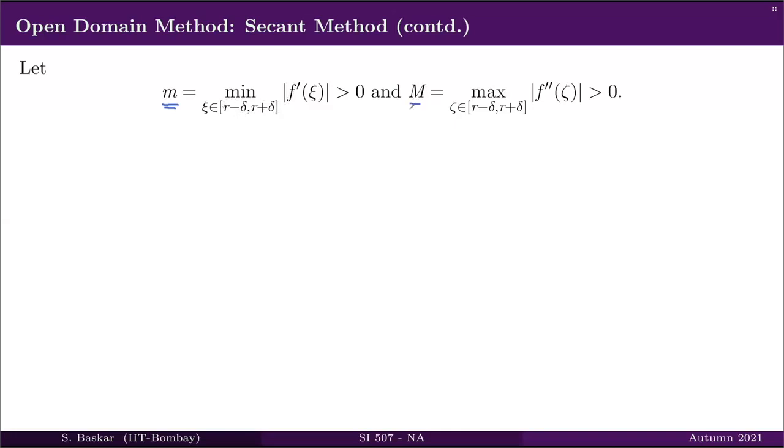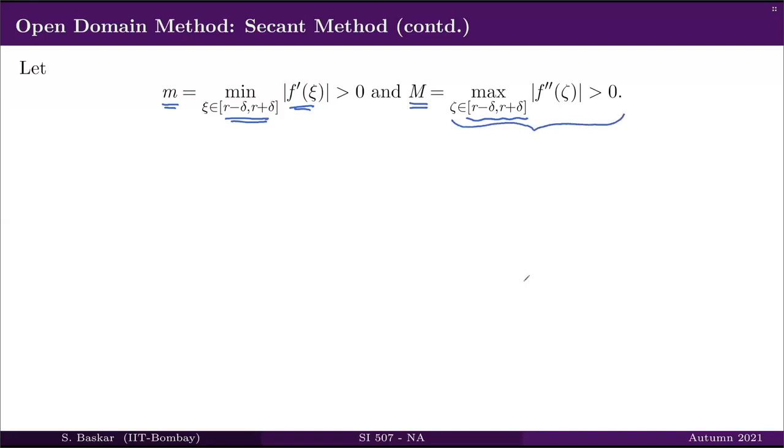And capital M is the maximum of the modulus of f double dash of zeta for all zeta in our delta neighborhood where f dash is non-zero. Since f dash is non-zero in this interval, we can see that small m is always non-zero. And also, without loss of generality, we can assume that the capital M is also non-zero.